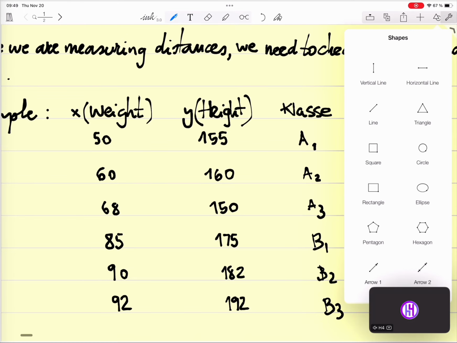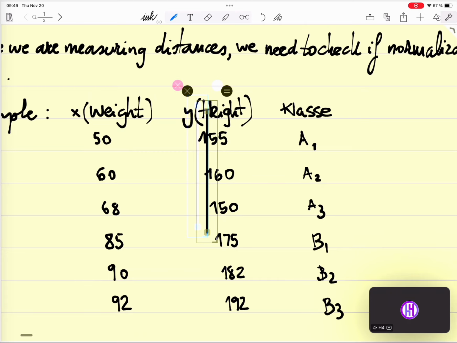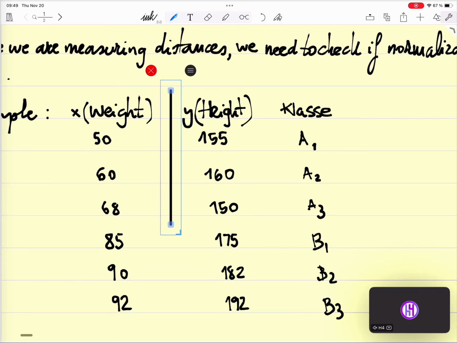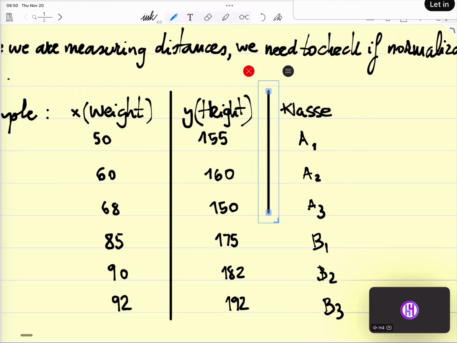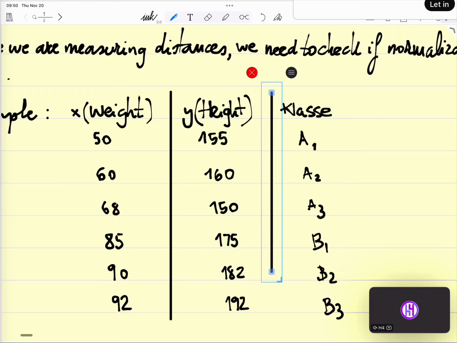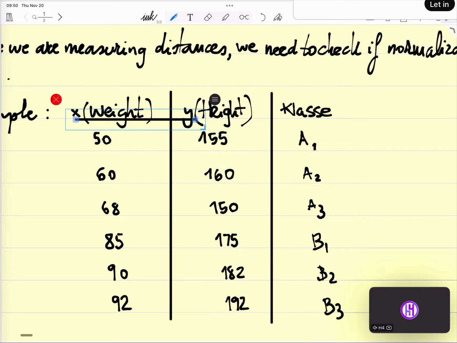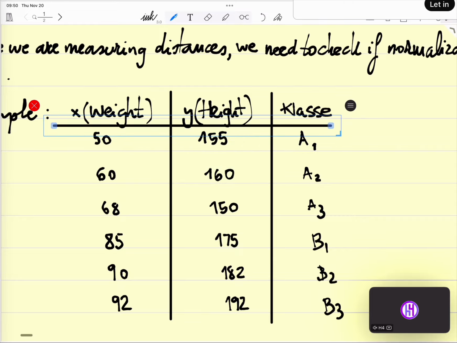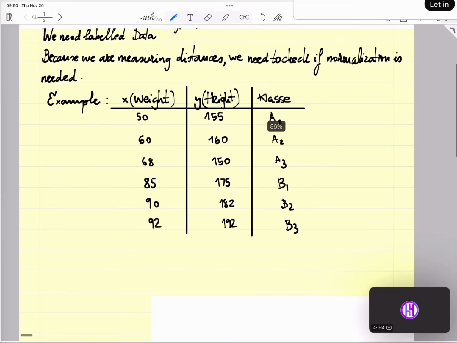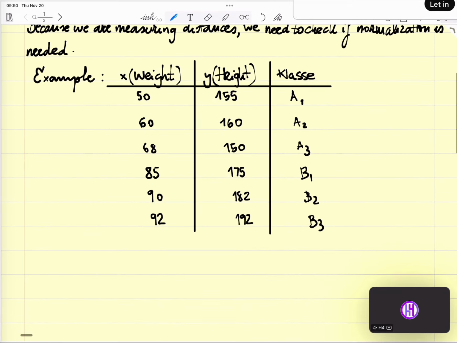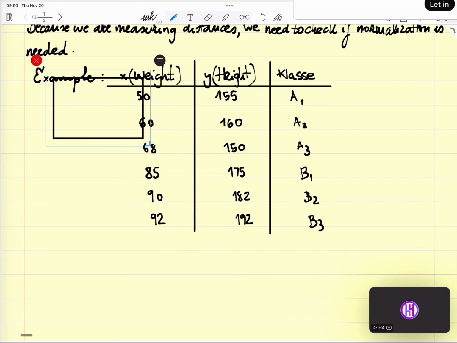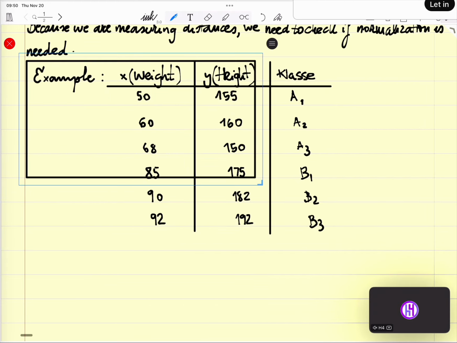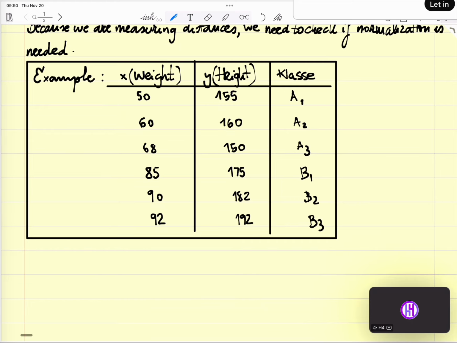So these are the data, and we want to separate the space of weight and height depending on this data, so that when a new data point comes, we know where to place it. So this is one example. Let's implement support vector machines with this example and see what it means.